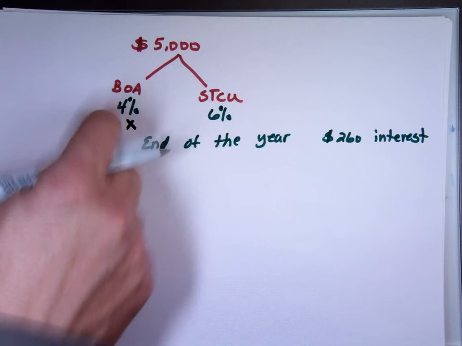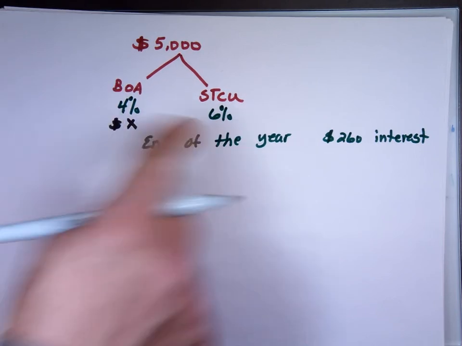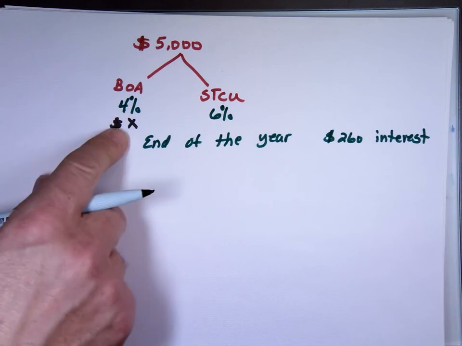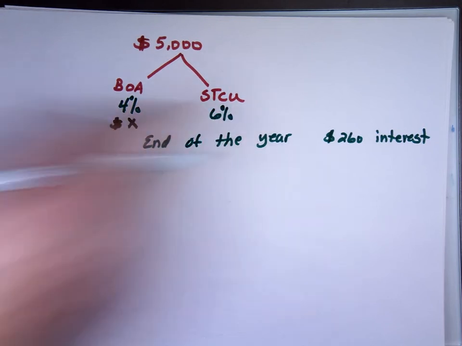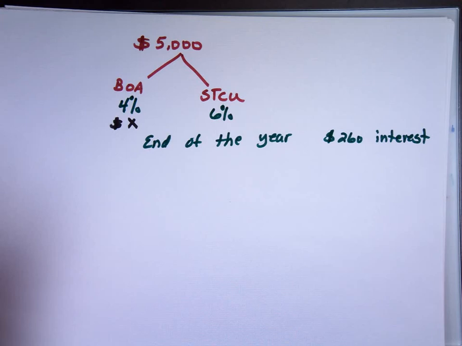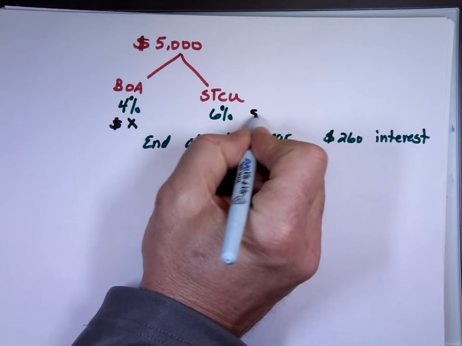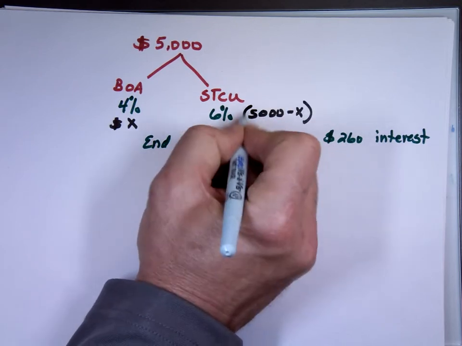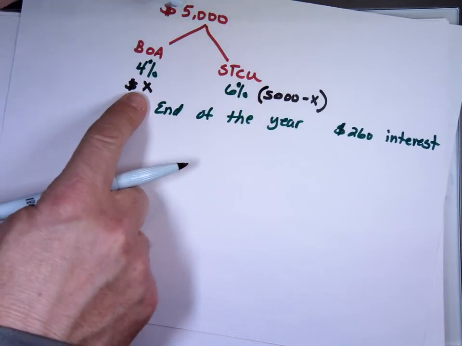If I put 4,000 here, you're going to put what? 1. 5 minus 4. So if I put X dollars here, how much are you going to put in that one? X. Not X. How about 5,000 minus X? All the money minus whatever you put with Bank of America.